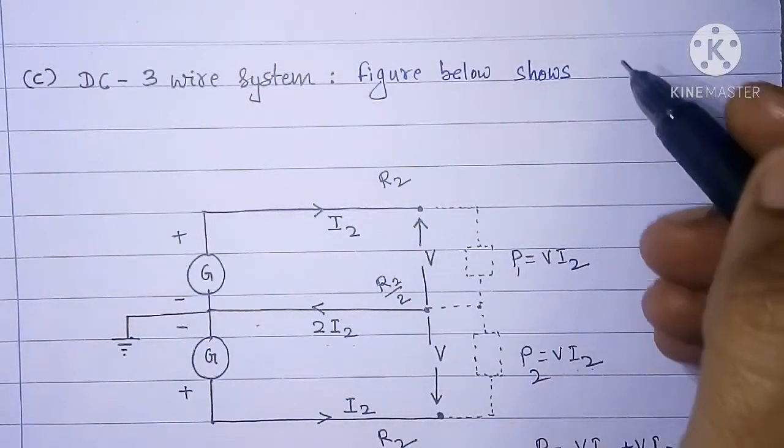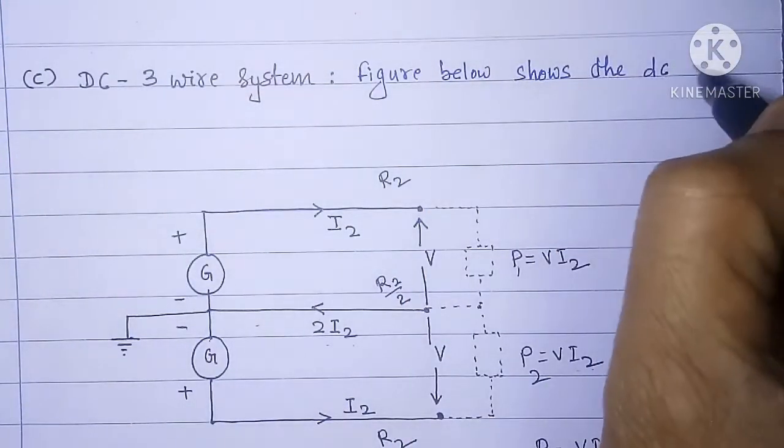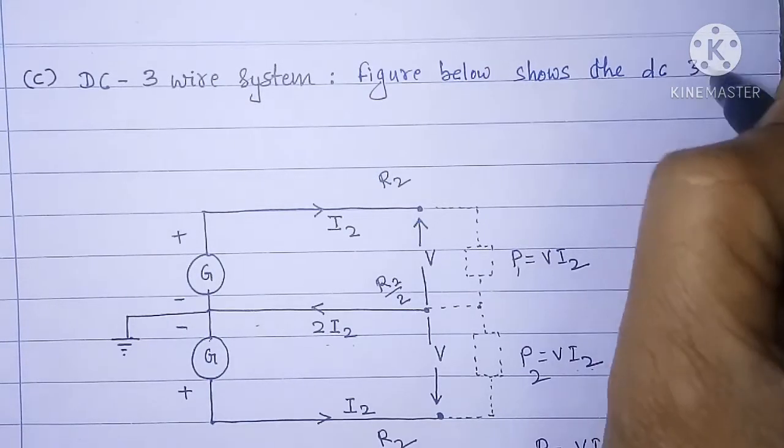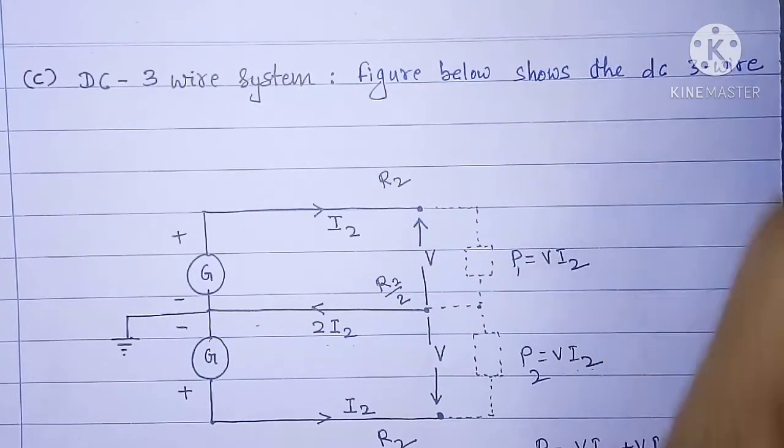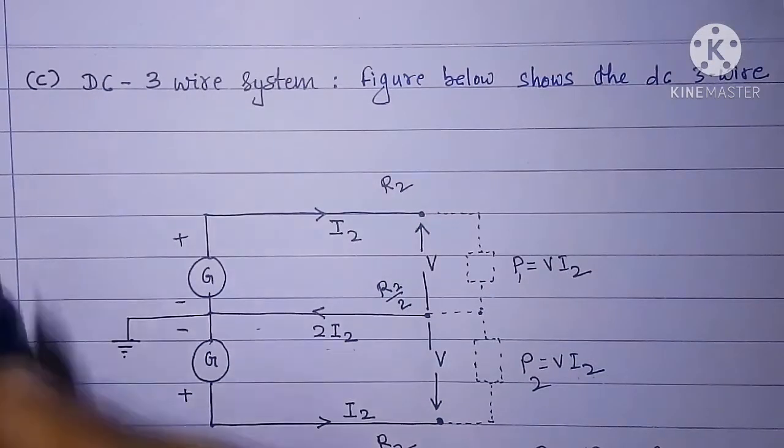Figure below shows the DC three-wire system.